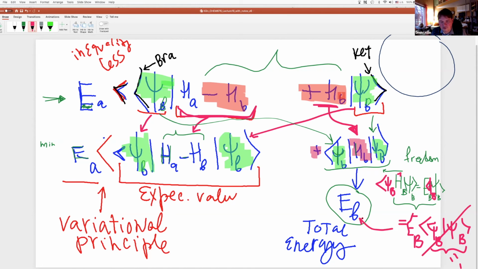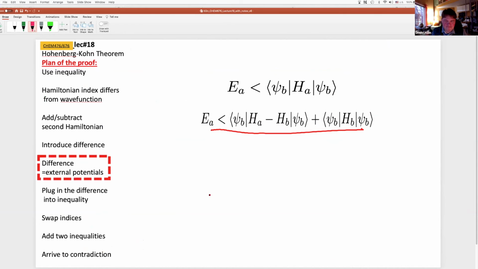Therefore, we arrive at E sub B, right? Okay. At least I was able to understand and even explain this of my previous slides. And it is the same, just with a little better calligraphy. So E sub A is less than this matrix element of subtraction plus E sub B.